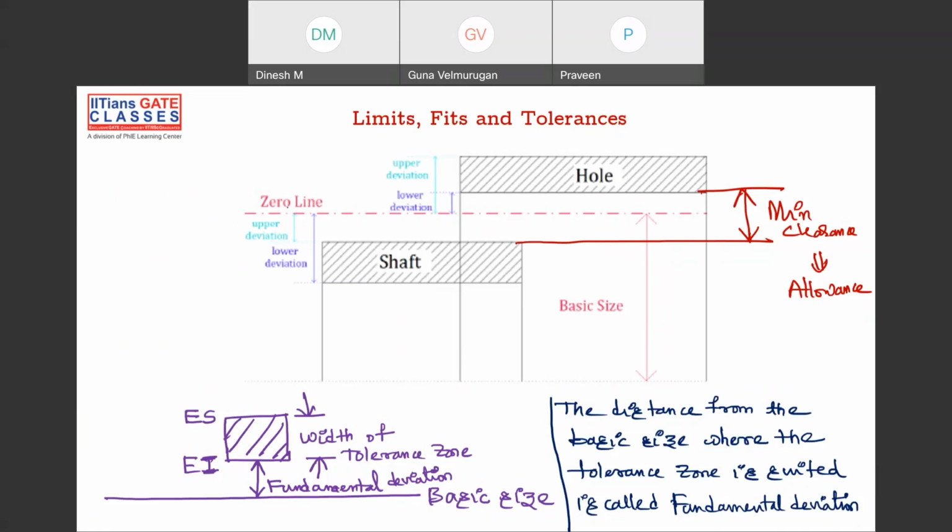And if you see, I told you already, this is your zero line, and with respect to zero you should be able to do this. So this is hole, and this is shaft, right? How can I draw this? Let me draw the diagram, then you'll understand. The maximum hole is this, and the maximum shaft is like this.